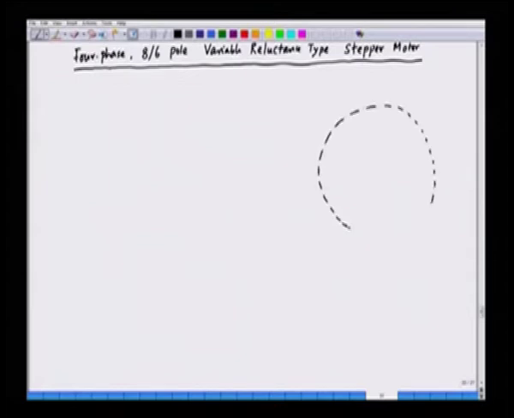The stator is a cylindrical structure, the rotor is also a cylindrical structure, and we have the stator core here, and the stator has 8 different poles. So, we have an 8 pole structure.